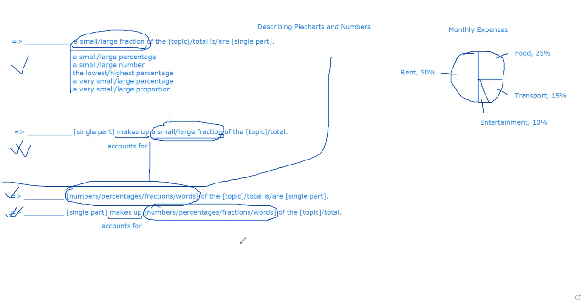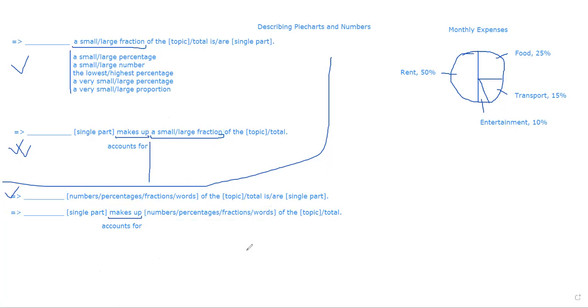Okay then, so now let's take a look how we can include the specific data, meaning the numbers, describing numbers. For example, this number 50%. So let's take a look at how many ways we can include this number.